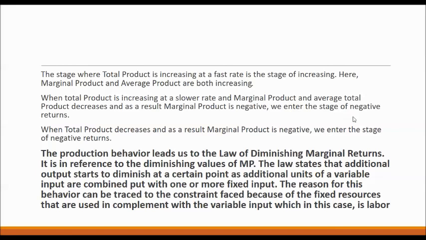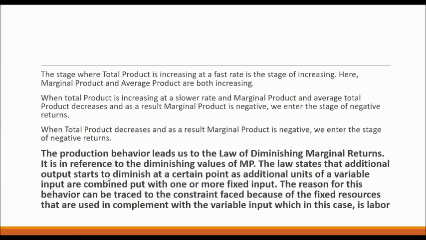So it is considered as the stage of negative returns. When the total product decreases as a result of marginal product being negative, it is considered the stage of negative returns, or there is a net loss on the side of the company.